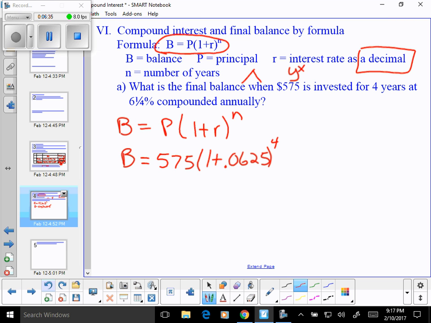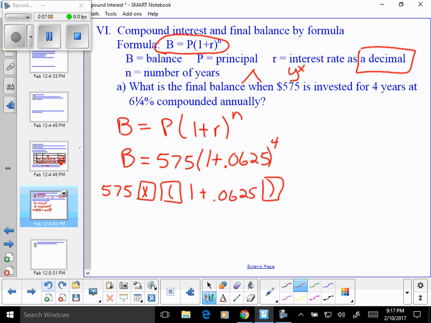Now, to do this in the calculator, you're going to take the 575, you're going to hit the times button. It usually works out if you hit the left parenthesis, then the 1, plus the 0.0625, then the right parenthesis button.